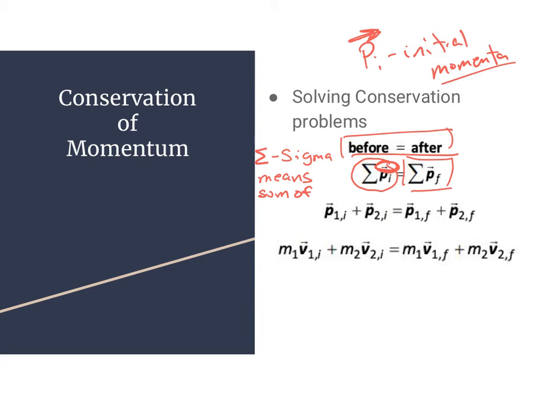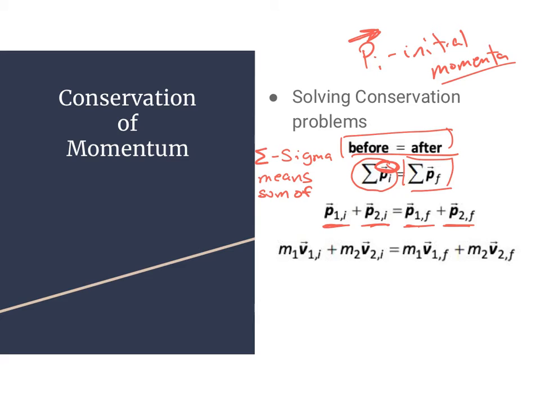So let's say we have an elastic collision between two objects. The initial momentum of object 1 plus the initial momentum of object 2 is equal to the final momentum of object 1 plus the final momentum of object 2.